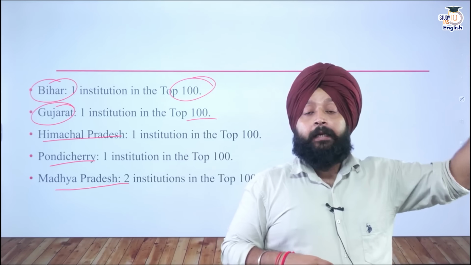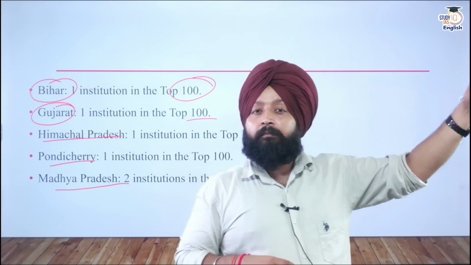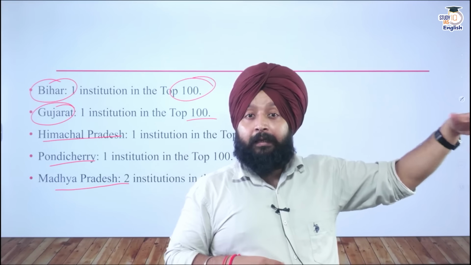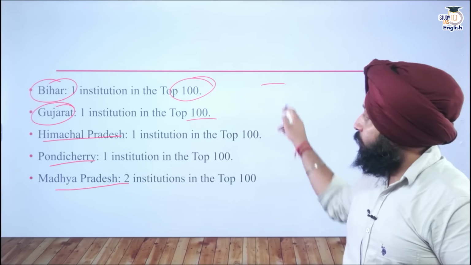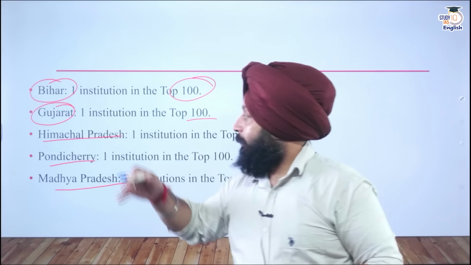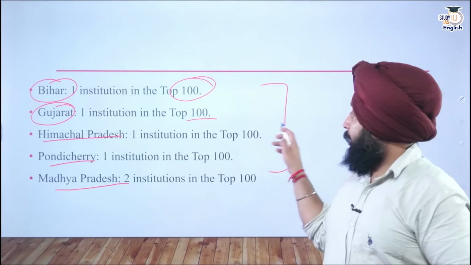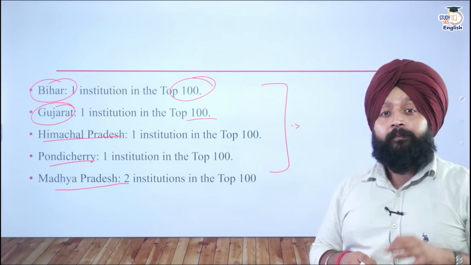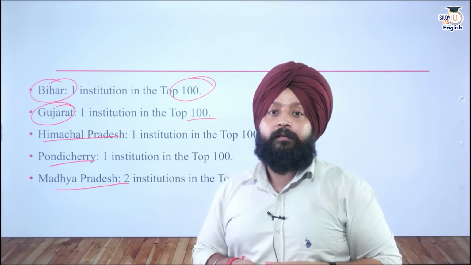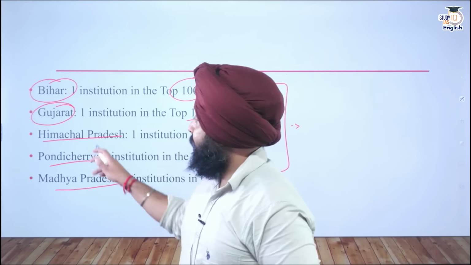Now we have seen states such as Tamil Nadu, Delhi, Maharashtra having 17, 9, 8 top education institutions, whereas states such as Gujarat, Bihar, Himachal Pradesh, Madhya Pradesh have only one education institution that has made it into the top 100 list.